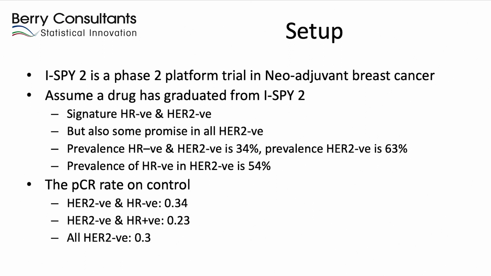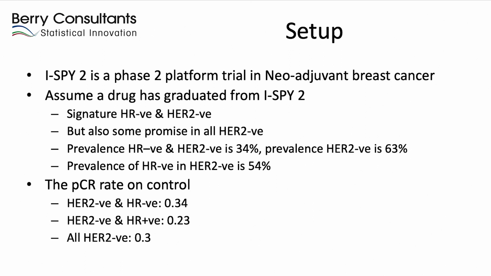And let's imagine that from I-SPY 2, the signature, the one patient population in which the drug was shown to be most effective, was in HR negative and HER2 negative, but it also showed some promise in the overall HER2 negative population, so including the HR positives.